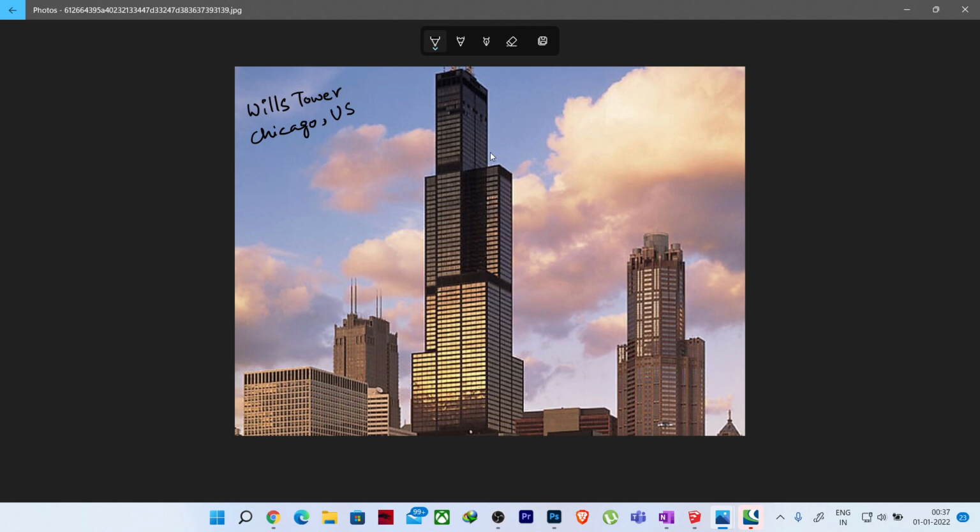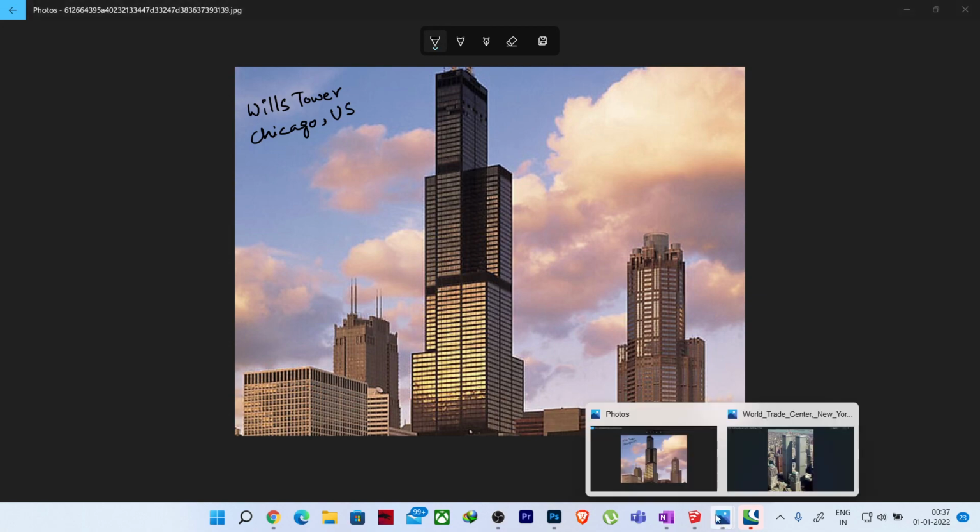This is the Willis Tower, a real building made up of this structural concept, which is called the bundled tube system.